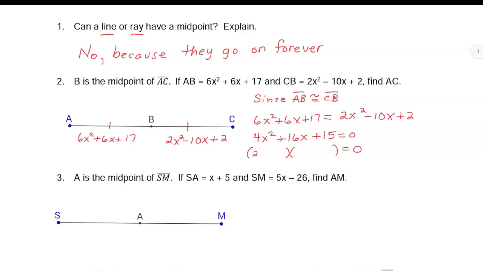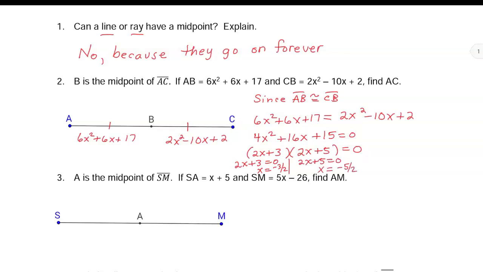They are 2x plus 3 and 2x plus 5. So I'm going to take each of those and solve for x. So if 2x plus 3 equals 0, then x is negative 3 halves. And if 2x plus 5 were to equal 0, then x would equal negative 5 halves.